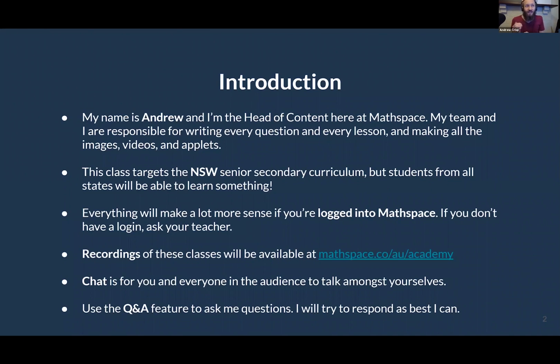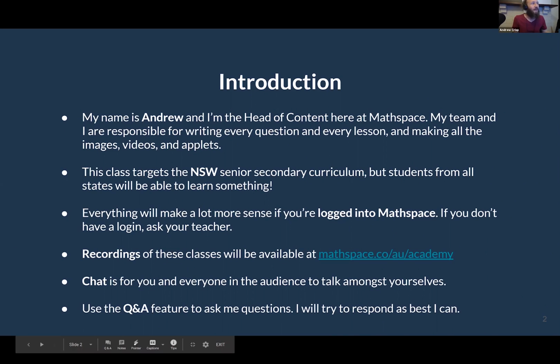The other thing is that if you want to learn a little bit about networks, that was what I covered last week. I didn't do the critical path analysis because generally speaking, I think that your teachers probably leave that till later in the year. But in terms of things like flow networks and minimum spanning trees, you can view the recording over at the Mathspace Academy website. So I'll just pull this one up. This is what it looks like.